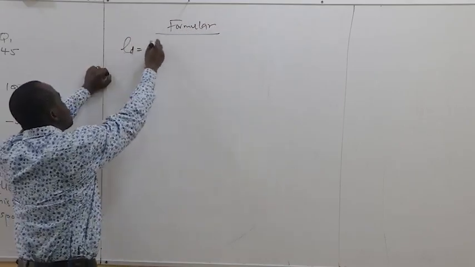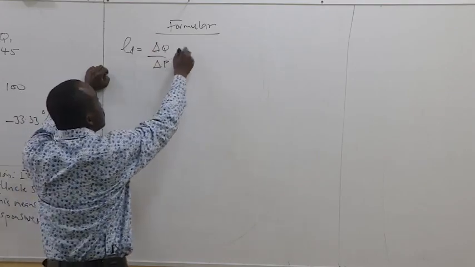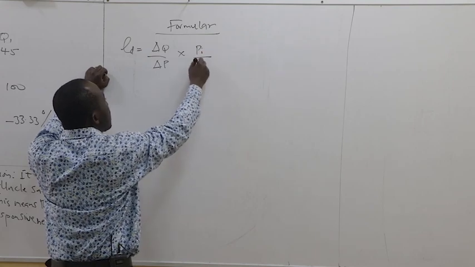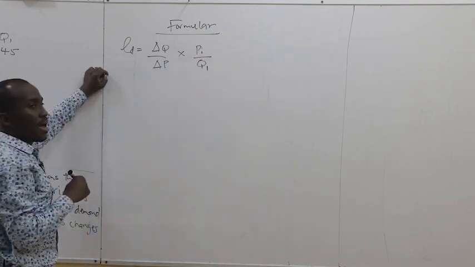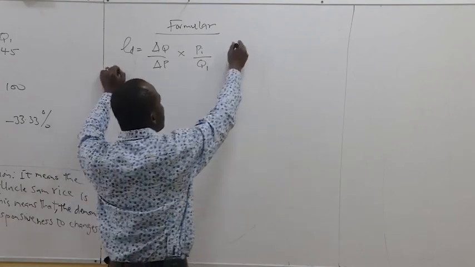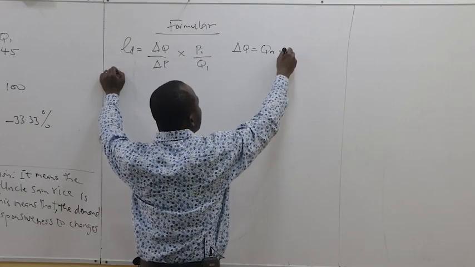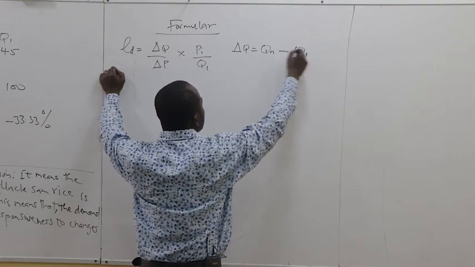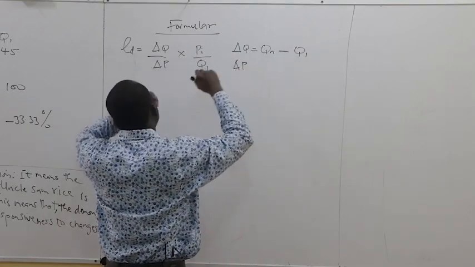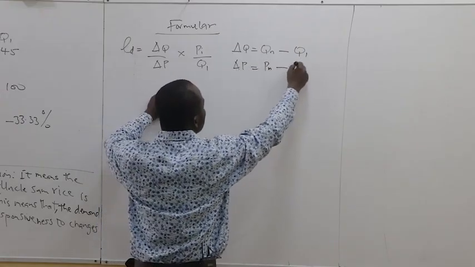Price elasticity of demand is the change in quantity over change in price, times initial price over initial quantity. The change in quantity is equal to the new quantity minus the initial quantity. The change in price is equal to the new price minus the initial price.